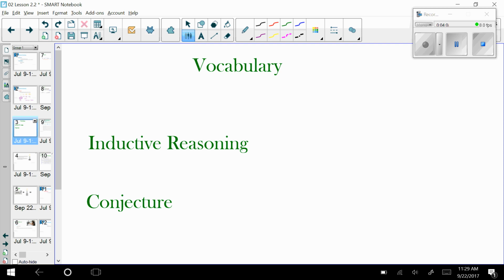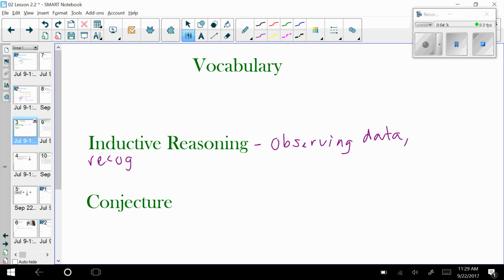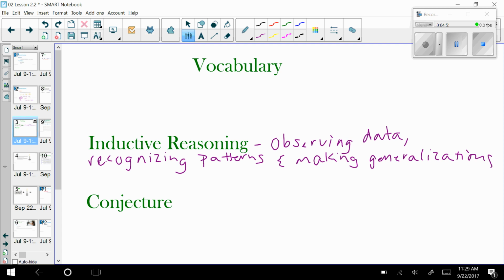So inductive reasoning is one of our key vocab terms, and it's about observing data, recognizing patterns, and making generalizations about those patterns.